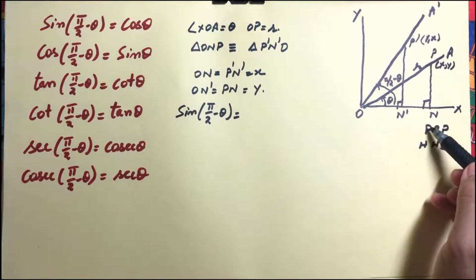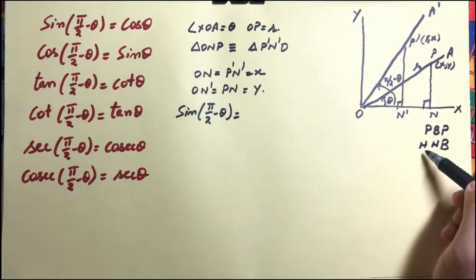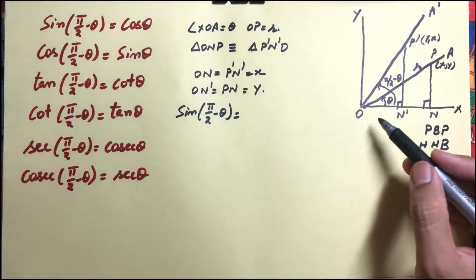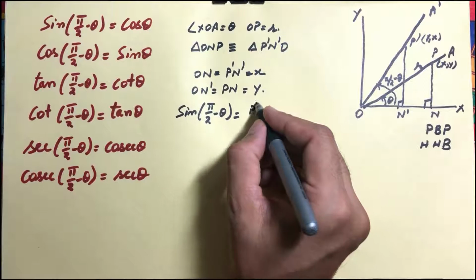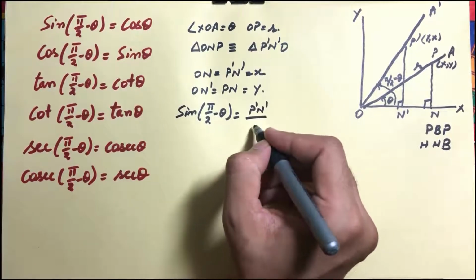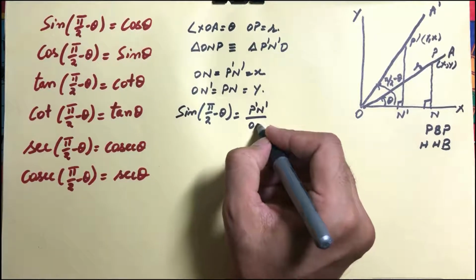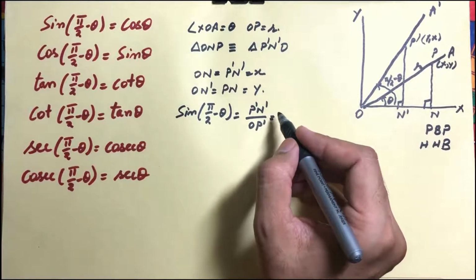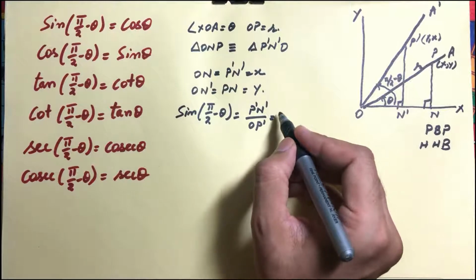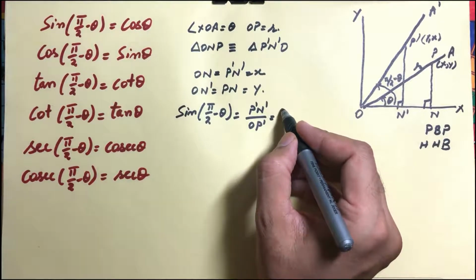sine theta means perpendicular upon hypotenuse. So what is perpendicular here? Perpendicular is P dash N dash upon OP dash, and this P dash N dash is x upon r.